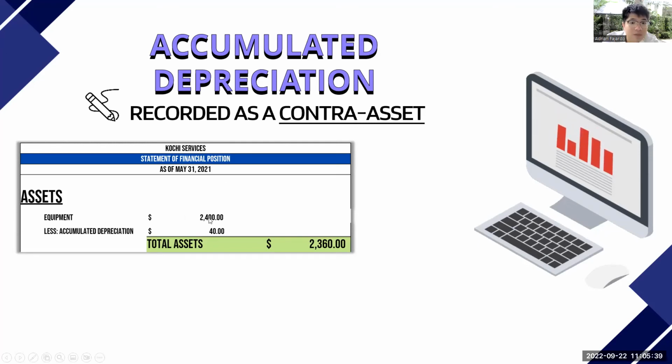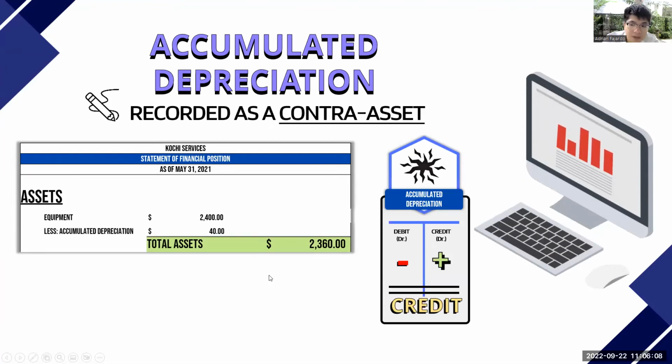So baka natin galawin to. So therefore, we introduced a contra asset account called less accumulated depreciation to subtract the 40. So si accumulated depreciation is the one that will track kung ano na yung true value niya because you'll always subtract your accumulated depreciation to your equipment that's recorded at cost, right? So 2,400 minus 40 will still reflect your true value of your equipment at 2,360.